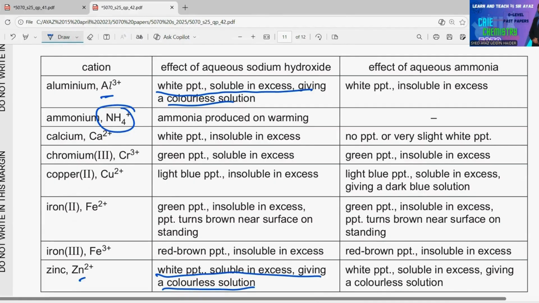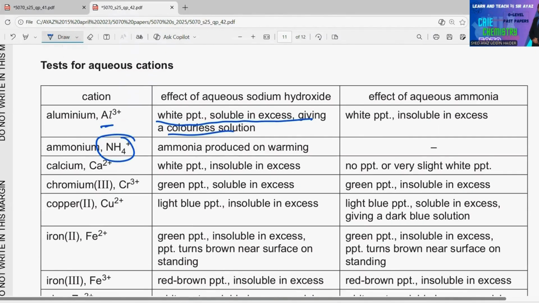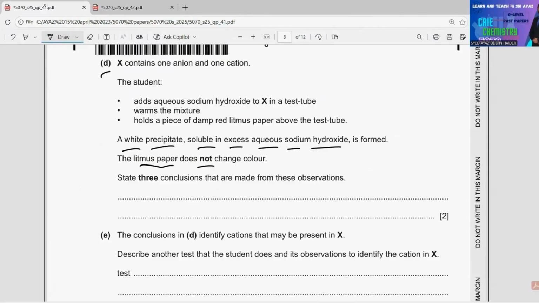If the NH4+ ion is there, it will definitely turn red litmus paper blue, due to the formation of ammonia. So these will be the conclusions: X may contain Al3+ or Zn2+ ions. You can also write the names of the ions if you want. Then NH4+ ions are absent.